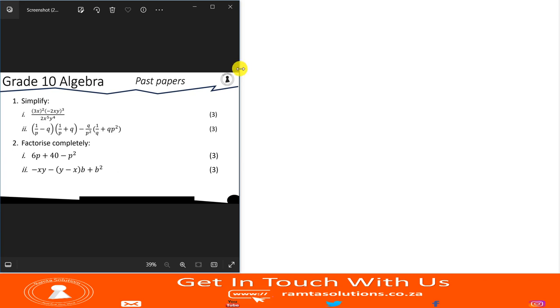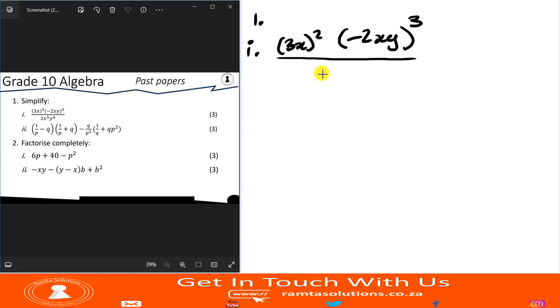So, the first question says simplify. Now, Roman figure 1 says simplify 3x all squared and negative 2xy all cubed all over 2x to the 5 y to the 4.